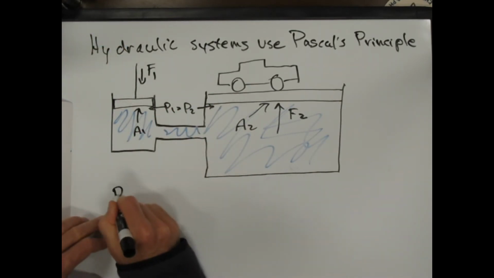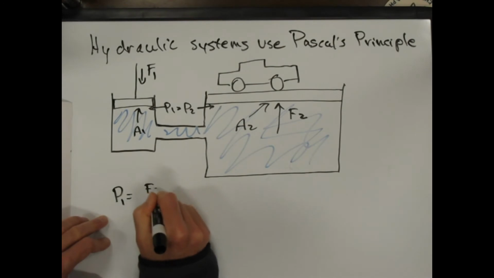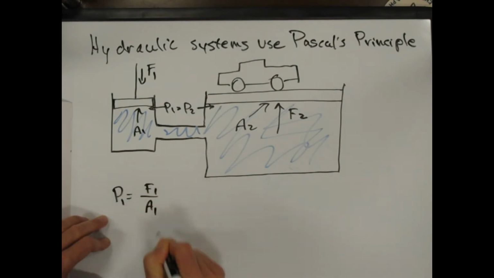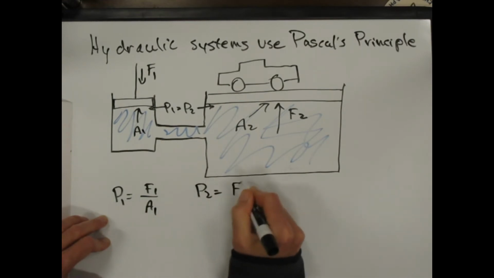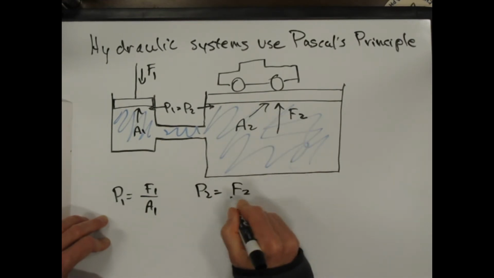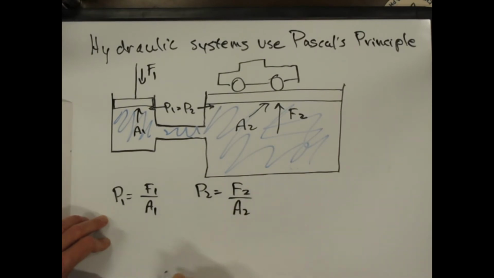And so the pressure at 1 is just the force I apply divided by the area at 1. And the pressure at 2 is equal to the force that gets applied divided by the area at 2. And since those two pressures are the same, F1 over A1 is equal to F2 over A2.